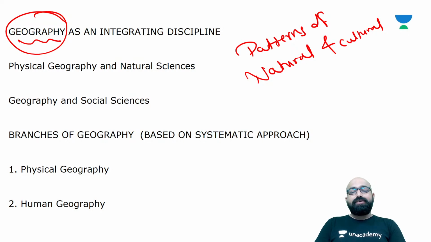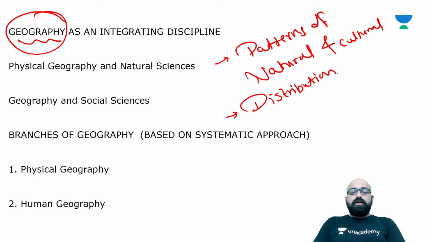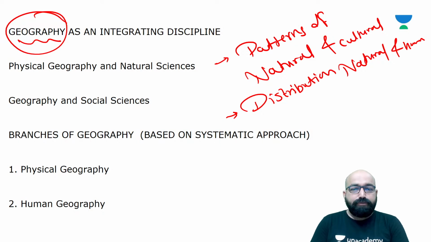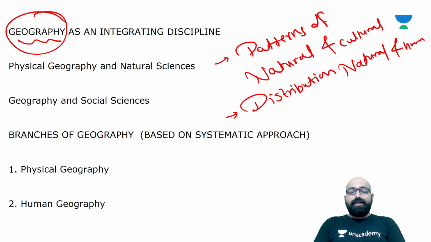Then some questions are related to the distribution of the natural and human cultural features over the surface of the earth. So both types of questions check distributional and locational aspects.